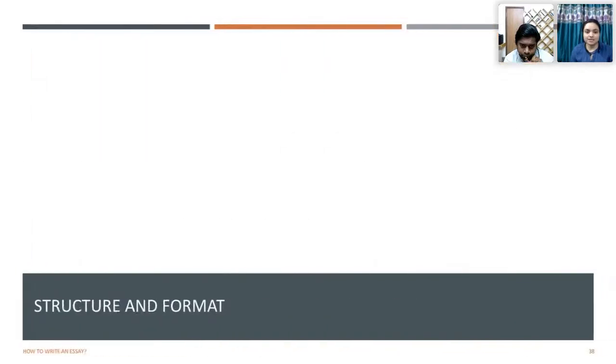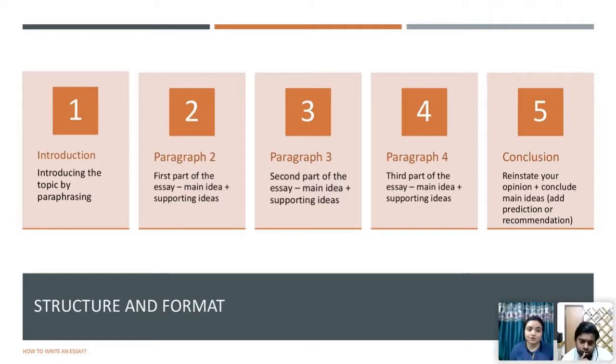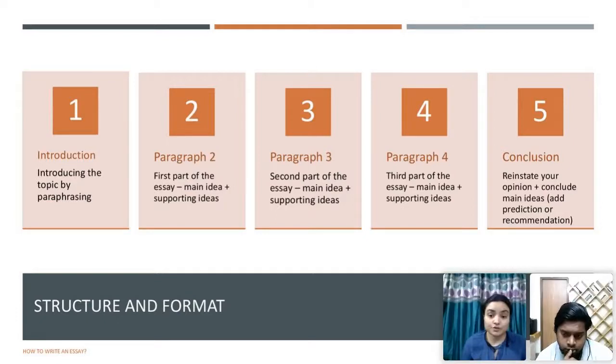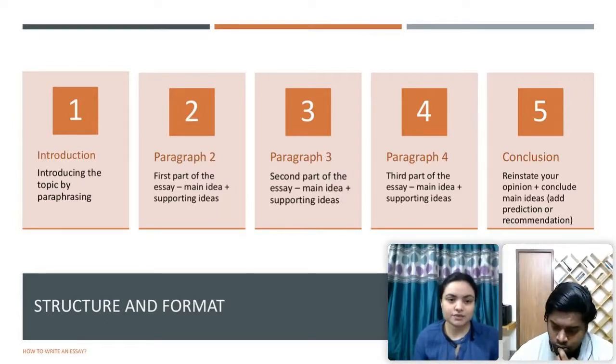So to summarize, we are looking at a complete structure of 5 paragraphs. The first one being introduction. You introduce the topic by paraphrasing, using your own words, not adding ideas too much, but just working on the topic and the task.